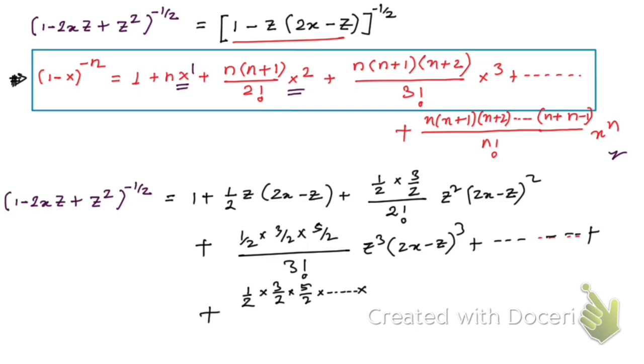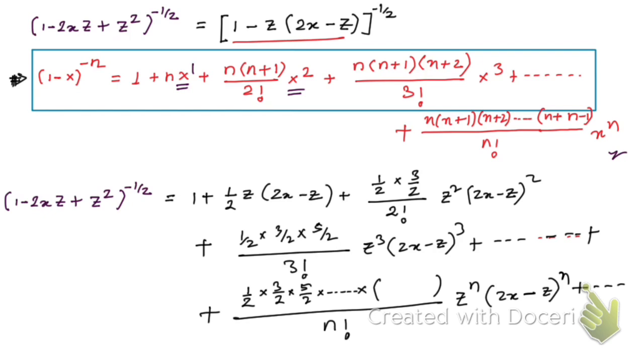Then let me just write the denominator here, n factorial. If we want z to the power n into twice x z minus z whole to the power n, because we are to prove that Pn of x is the coefficient of z to the power n, right? So that's why we have to obtain this term containing z to the power n.